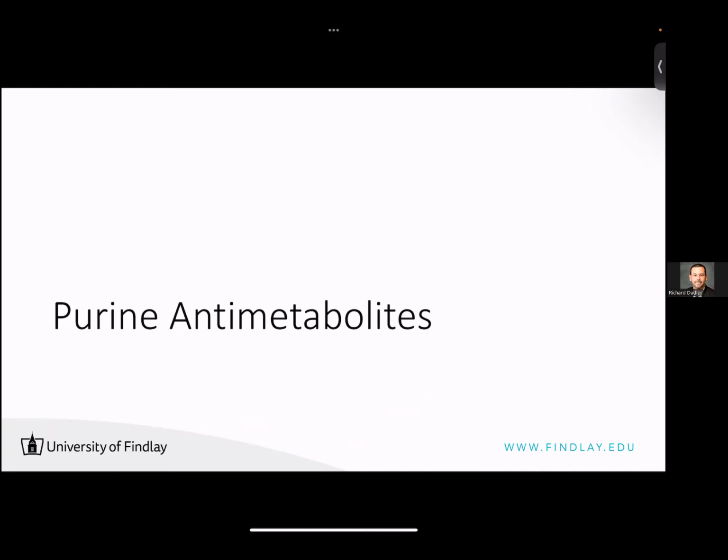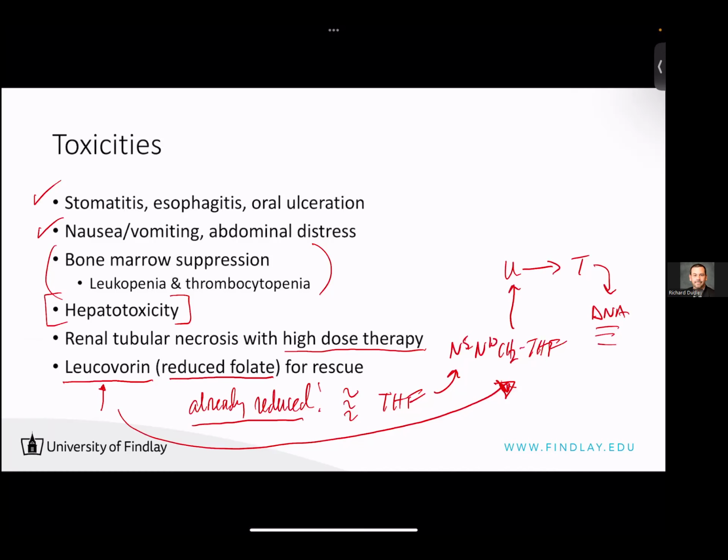I will make mention of one other drug that's commonly used. That's a folic acid antagonist, right? The trade name is Alimta, okay? And the generic name for Alimta is pemetrexed. Pemetrexed is used quite often in non-small cell lung cancers.